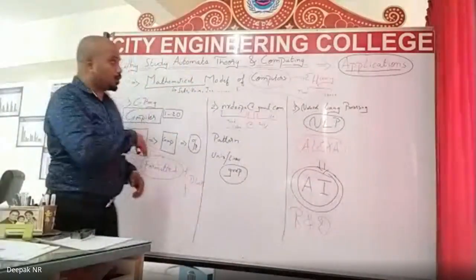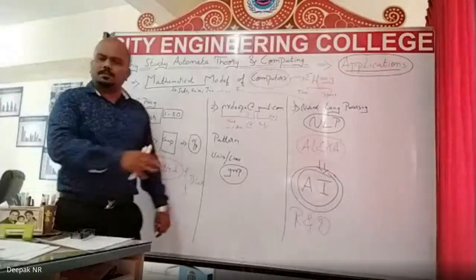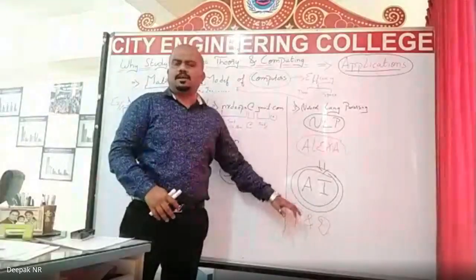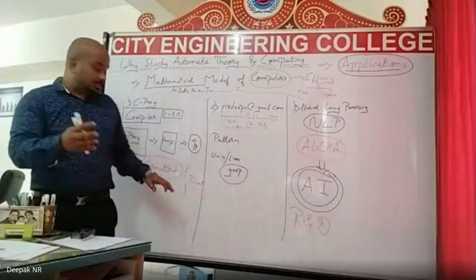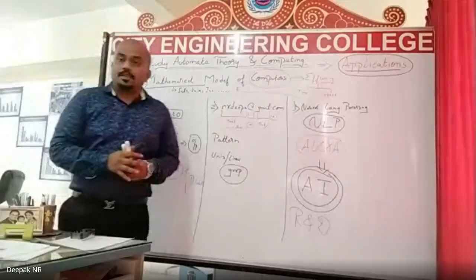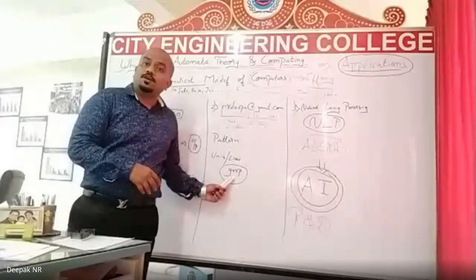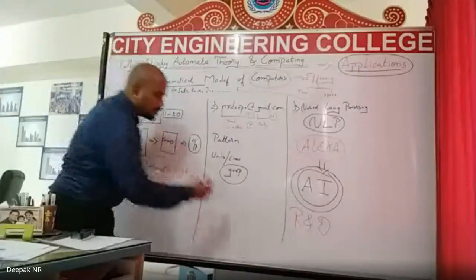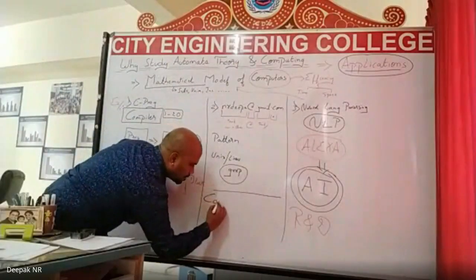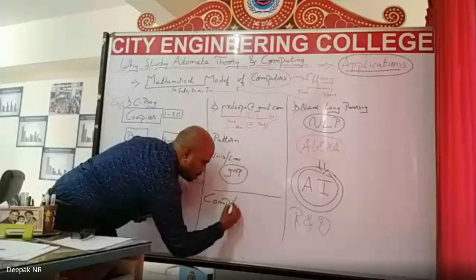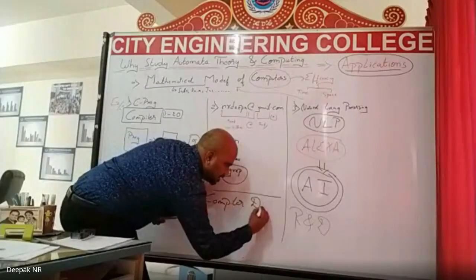This is all about an application, and there are many other applications. The advanced version of this is something called compiler design. The advanced version of the grep command and a few more commands will be read in a subject called compiler design.